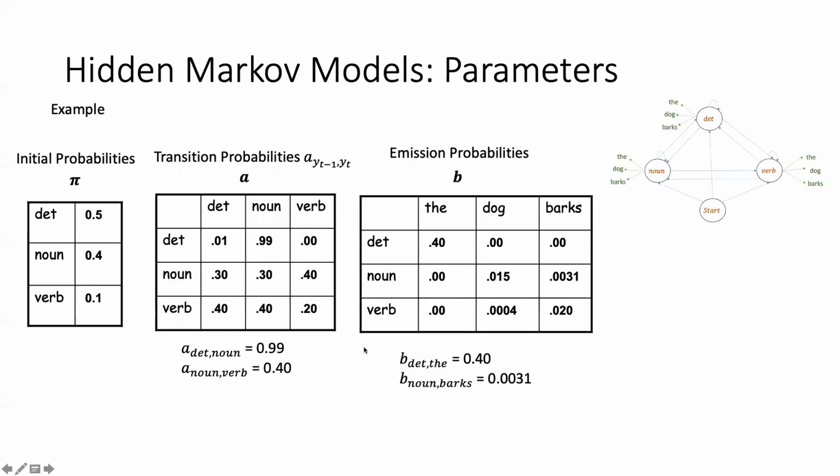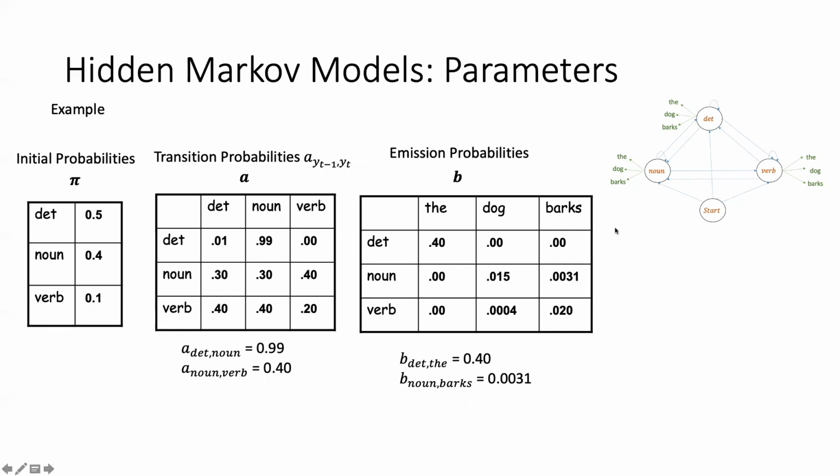Let's consider a simple example, the dog barks, and see what parameters are involved in modeling using HMM. These are the values which we have provided for the sake of example for understanding.